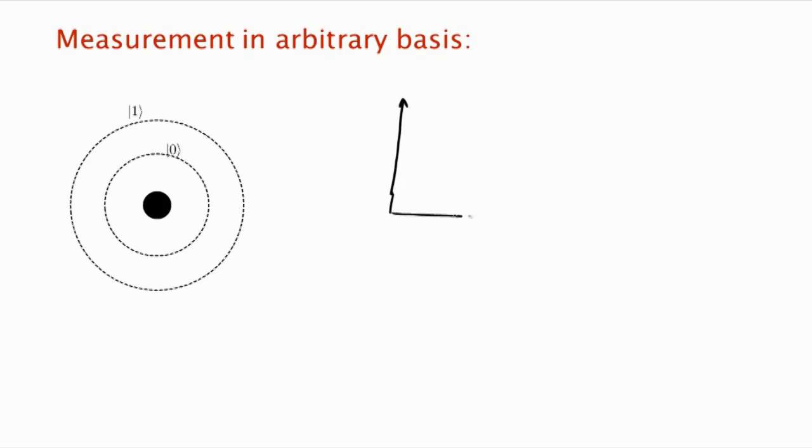Okay, so here's our picture again. That's the state 0. That's the state 1. Let's say this is our state psi. This is the state of the actual qubit. It's alpha 0 plus beta 1. Now what we are going to do is, instead of measuring it in the 0, 1 basis, we can measure it in any basis of our choice, any orthogonal basis of our choice.